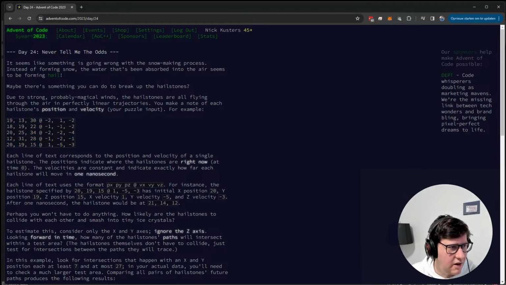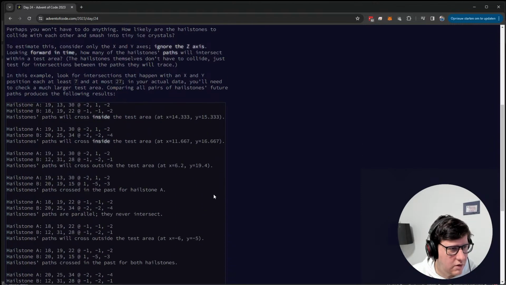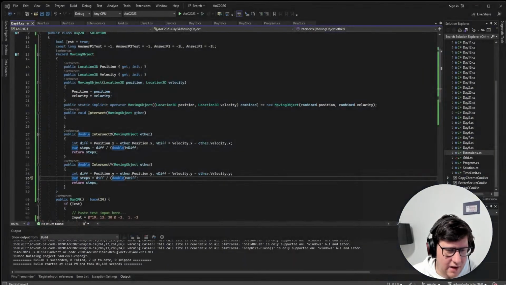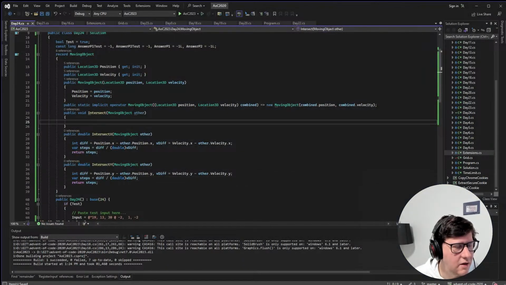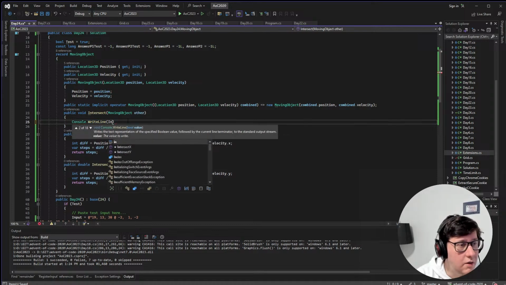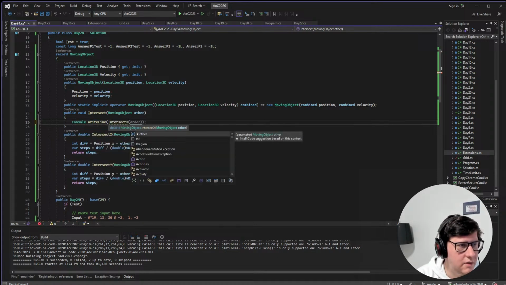Check the instructions. Okay, so people tell me I'm very wrong. Let me just print this out so that I can get it off of my console. Console.WriteLine intersect x over.